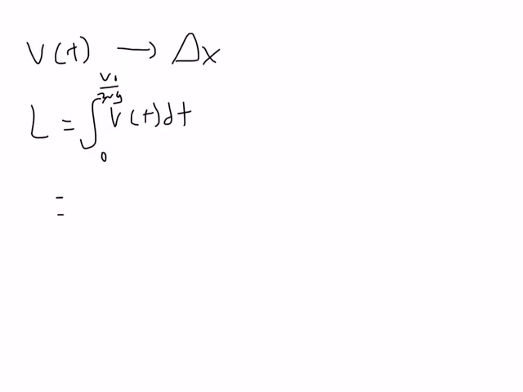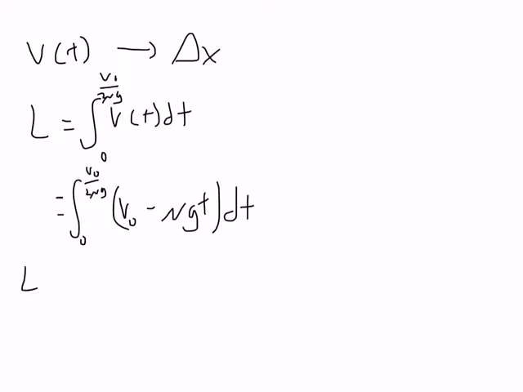So now we can plug in. So v of t is v naught minus mu gt dt. The first term is easy to integrate because it's a constant. So L equals v naught t. The second term is pretty easy to integrate because it's linear.